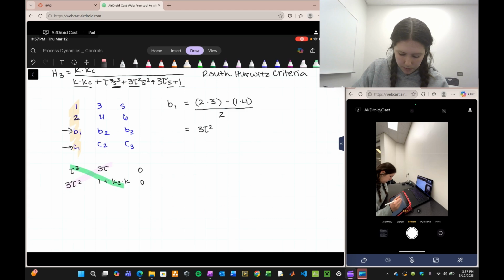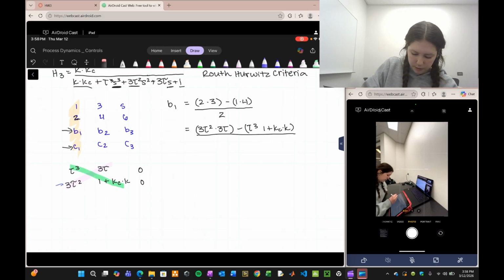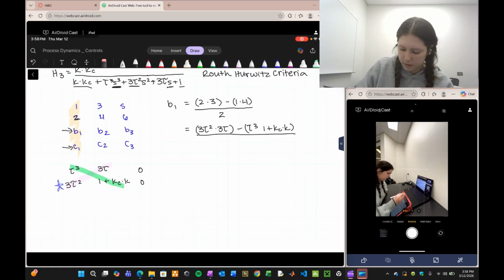So it'll be 3 tau squared times 3 tau minus tau cubed times 1 plus KcK, and then it will all be over this term right here. So 3 tau squared.